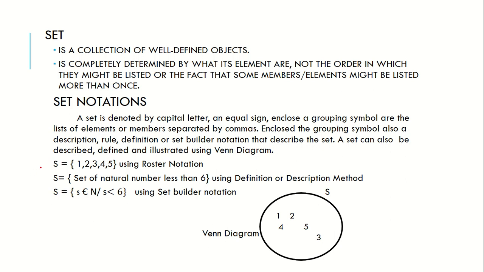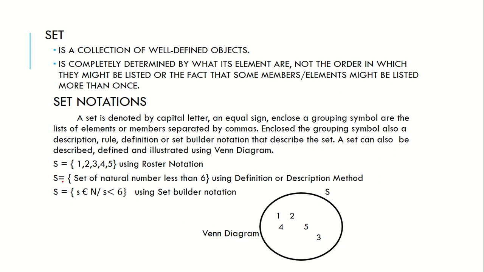In our example, we have set S equal to {1, 2, 3, 4, 5}, where the elements or members of the set are the numbers 1, 2, 3, 4, 5, using roster notation. We use roster notation to denote a finite set. A finite set is a set that has a countable number of elements.